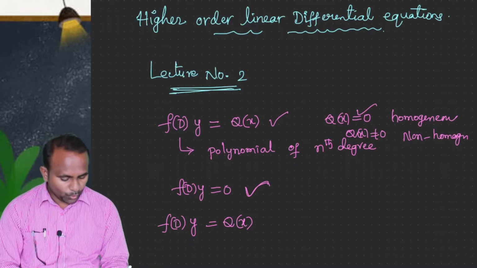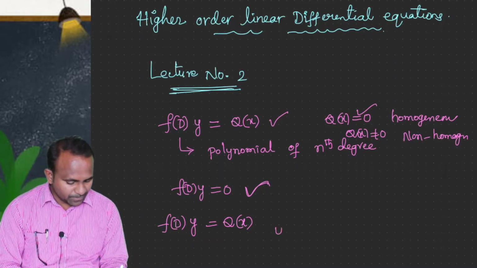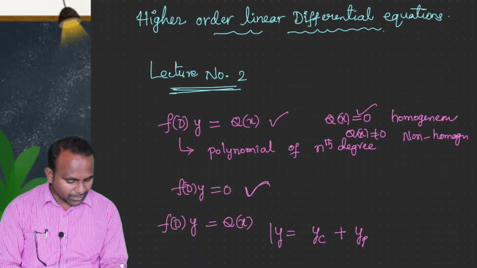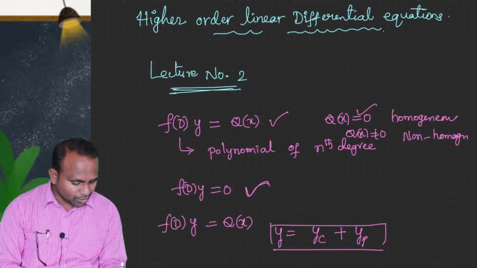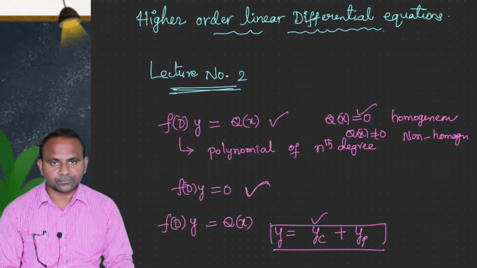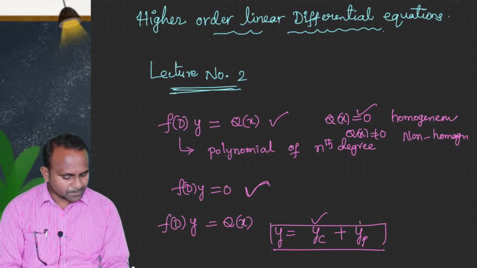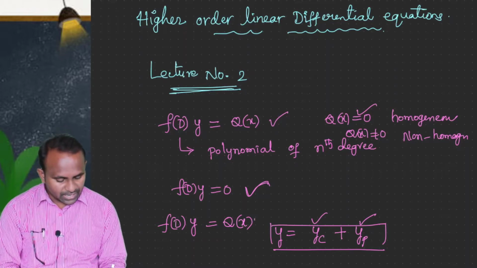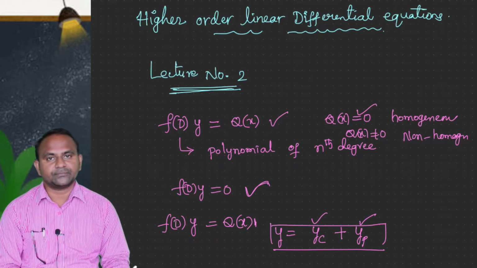As we already know, the solution of this equation will be in the form y is equal to complementary function plus particular integral. You are all aware of how to find the complementary function, which was discussed in lecture number 1. Now we'll see how to find the particular integral of this non-homogeneous differential equation.